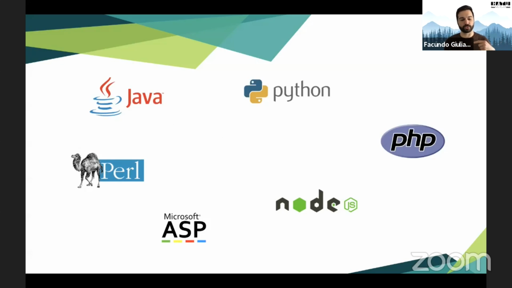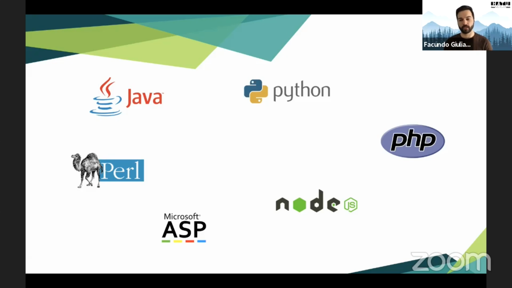So to create these documents or this dynamic way of creating HTML documents, we have nowadays different programming languages that are known as server-side languages. For instance, Java at that moment was used to create desktop applications, but nowadays it's used for desktop applications and web applications or web pages.